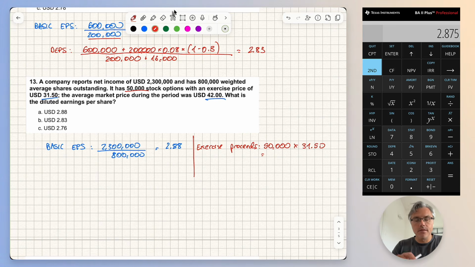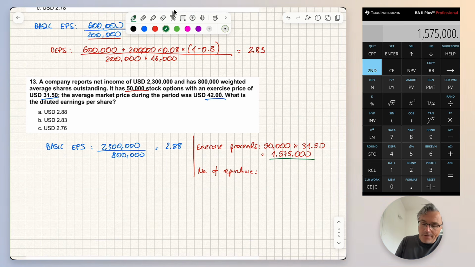So upon exercise of those 50,000 options, we would assume the company receives total proceeds of 1,575,000. And the next question is, how many shares would that enable in terms of repurchasing them in the market at the prevailing market price?